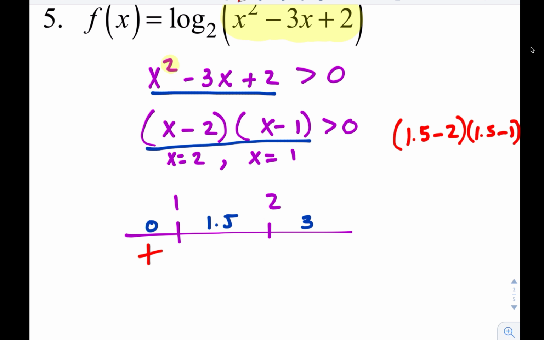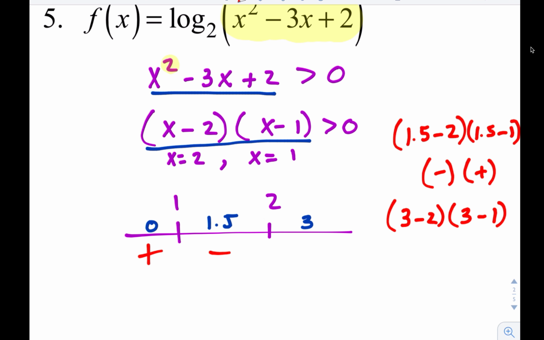So 1.5 minus 2 is going to be a negative number, and then 1.5 minus 1 is going to be a positive number. So a negative times a positive, obviously, is a negative. And then if I plug in 3, that's going to give me 3 minus 2 times 3 minus 1.